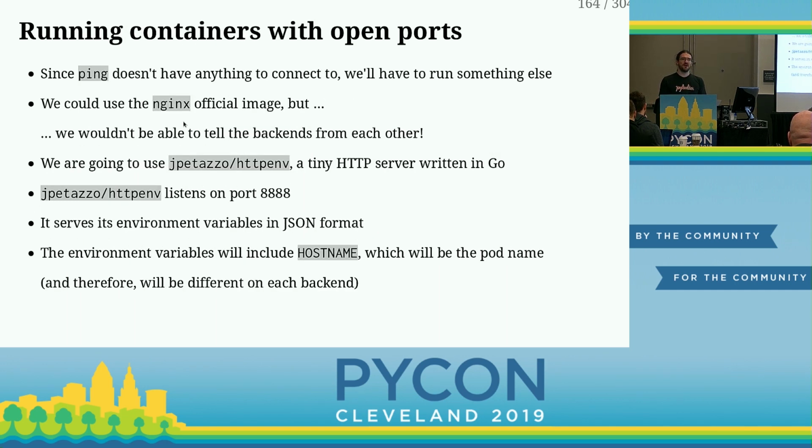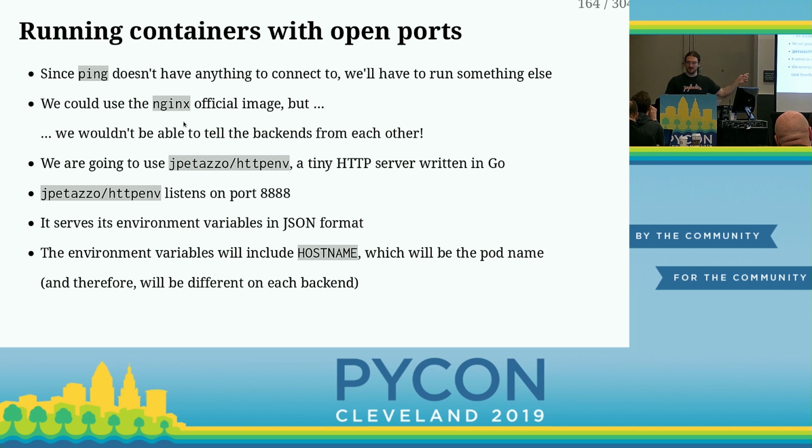Okay, so for our first example of a service, we are going to run an image called jpetazzo/http-env. You will see many examples on Kubernetes using just Nginx, because it gives us a nice and simple web server. The only downside of Nginx is that it will give us a welcome to Nginx page, and if we put load balancing, all the backends give us the same welcome to Nginx page.